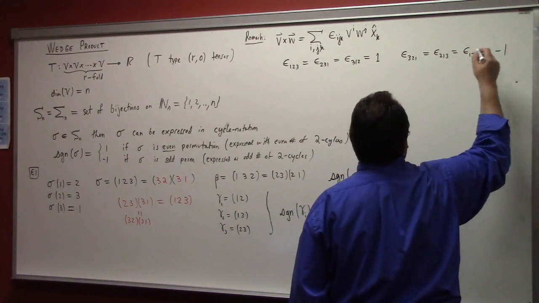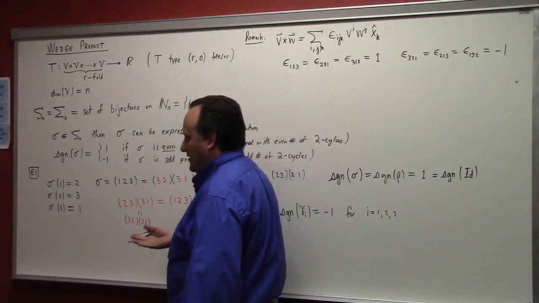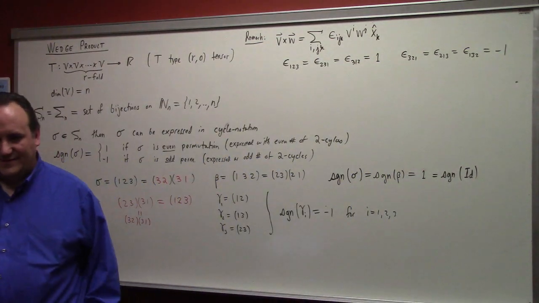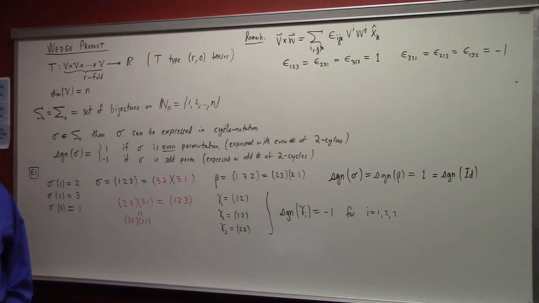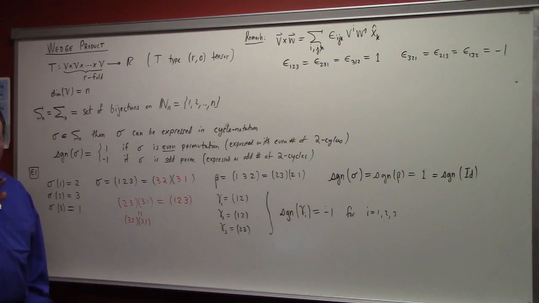Those are all minus 1. And I also know that plus 1 and minus 1 is the sign of a certain permutation. But what was wrong in my mind was thinking that the index positioning of the Levi-Civita symbol here is the same as the cycle notation down there. That's not what's going on.